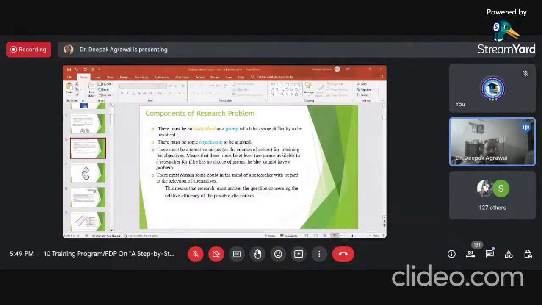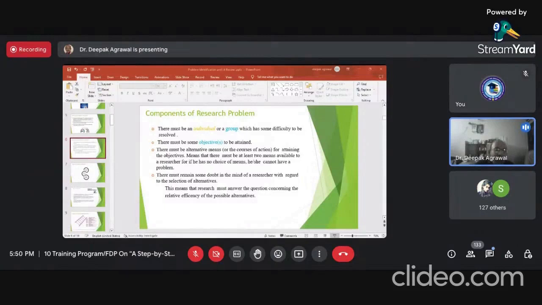Definitely, while defining the research problem, there must be alternative ways or means for attaining the objectives. At least two means should be available to a researcher, because if he has no choice of means, then he or she cannot have a problem. So at least two means should be identified to overcome the problem. If one is not found suitable, they can proceed to the other one.